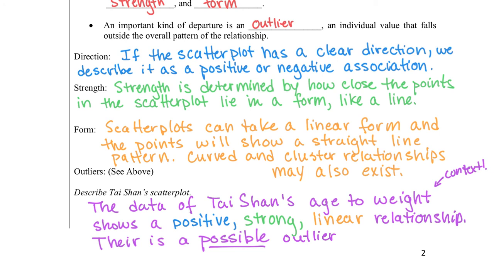Unless you are doing actual mathematical analysis, you don't want to say there is an outlier. So be really careful with your description. And there's that possible outlier. It's at 160 days. Okay, so that's it. That's how you describe a scatter plot. It's actually pretty simple.